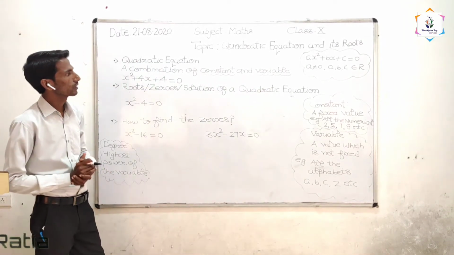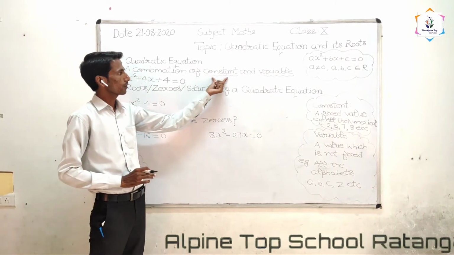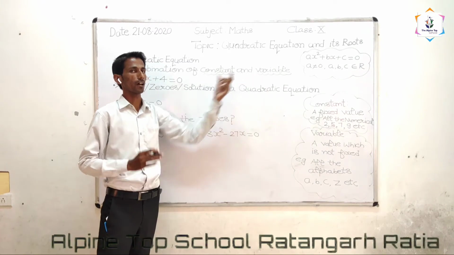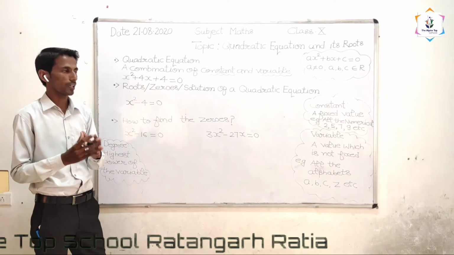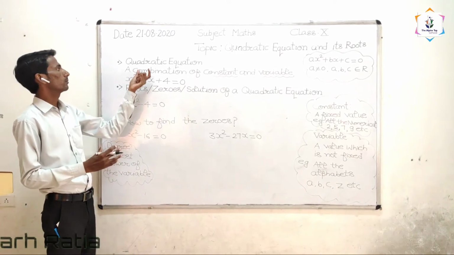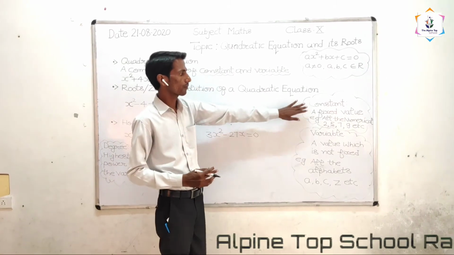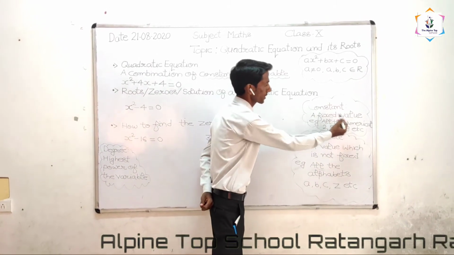Students, here again two questions arise in our mind. What is the meaning of constant and variable, and how do constants and variables in combined form produce a quadratic equation? Firstly, what is the meaning of constant? Constant is a fixed value.